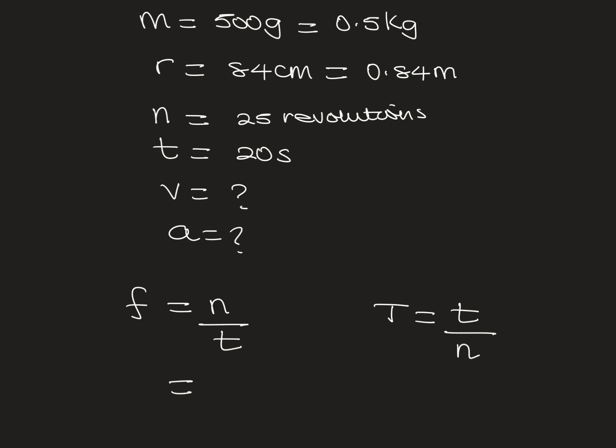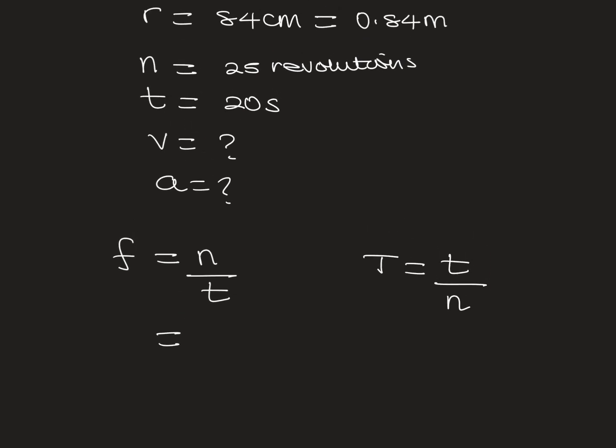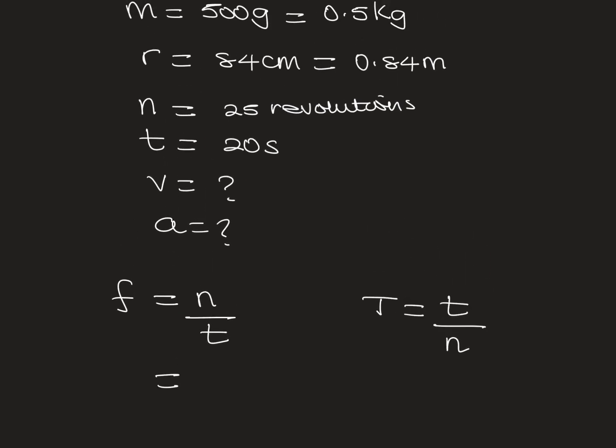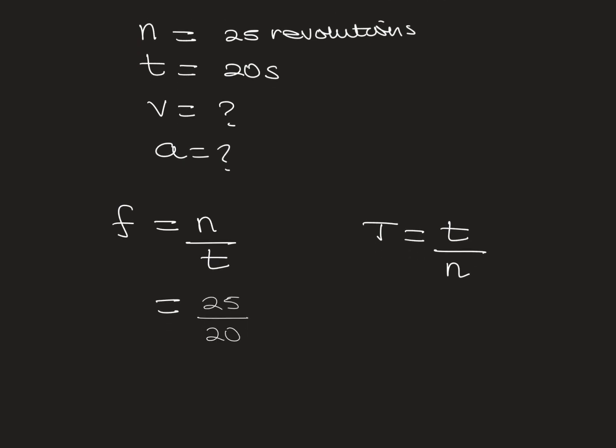So the frequency is 25 divided by 20, which is 1.25 hertz. The period is 20 divided by 25, which is 0.8 seconds.